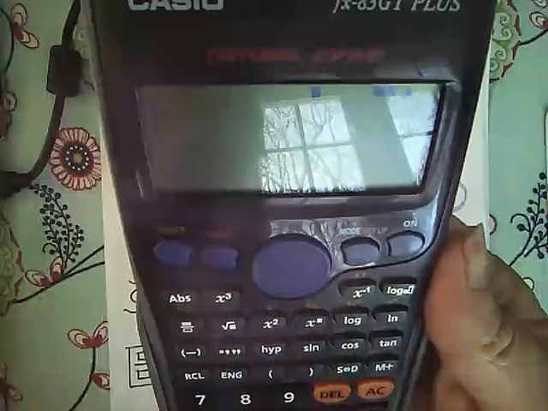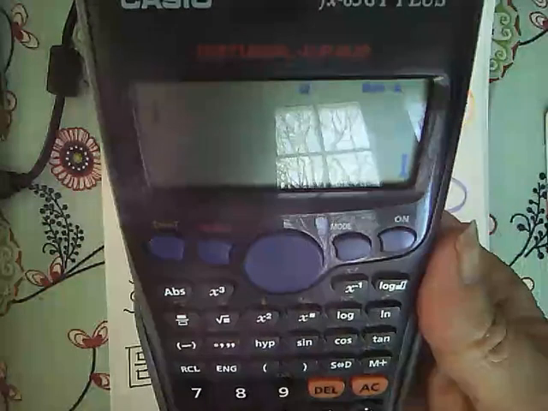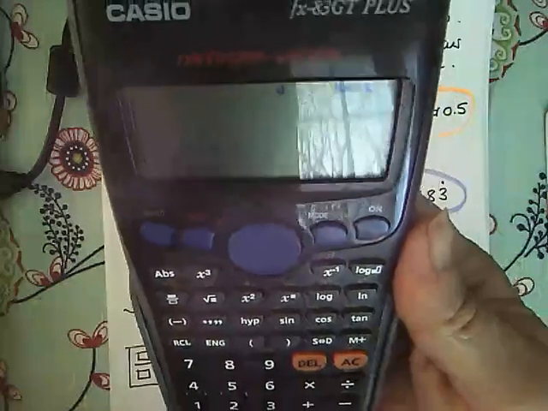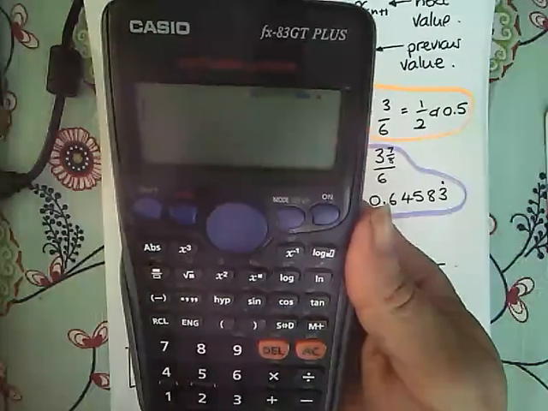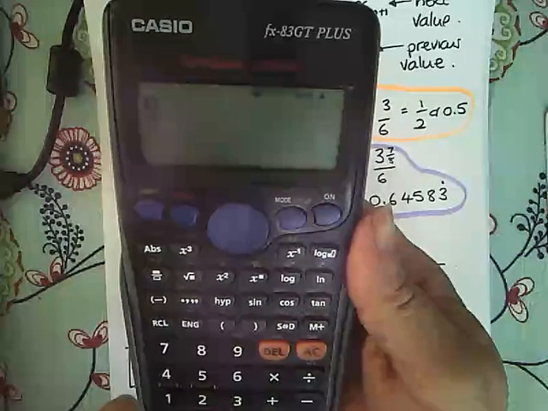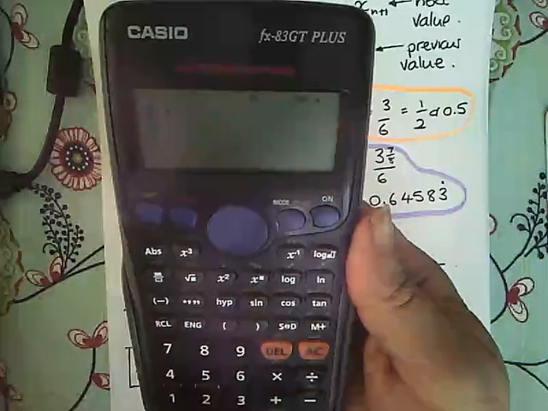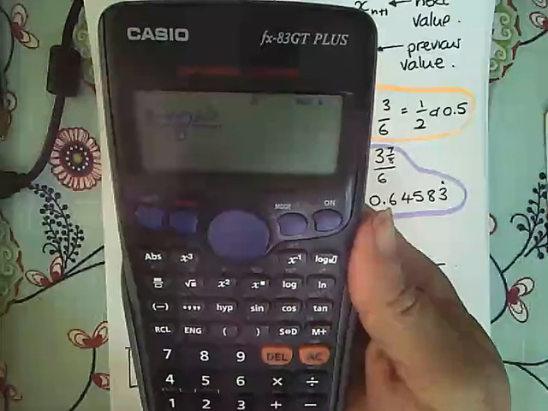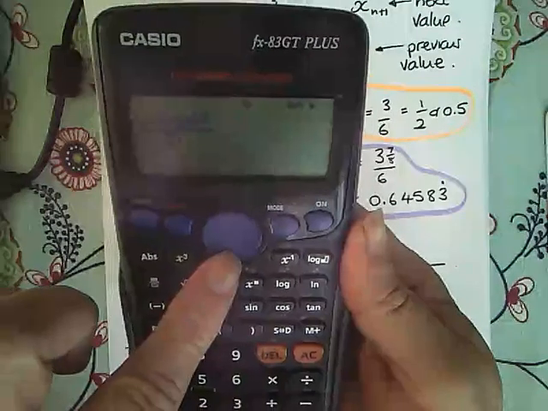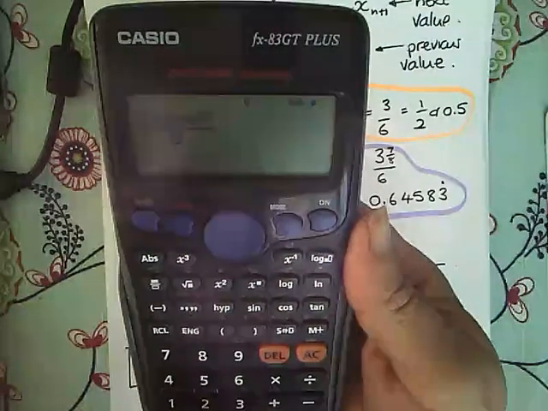So 1 equals, and then clear everything. That's storing it on the answer button. There we go. Then fraction button, 4 minus answer cubed. Go on to the bottom of the fraction, divided by 6.